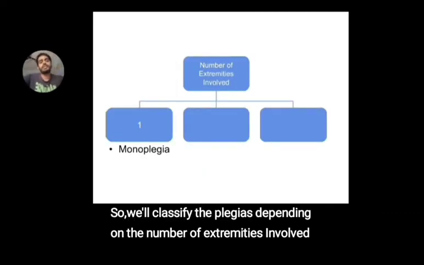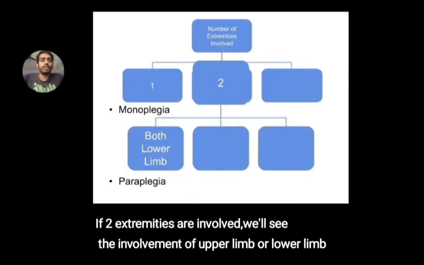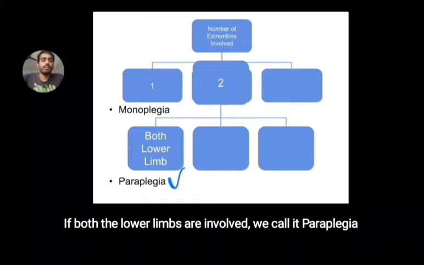So we'll classify plegias depending on the number of extremities involved. If one extremity is involved, it's called monoplegia. And if two extremities are involved, then we'll see what are the limbs involved. If both the lower limbs are involved, it's called paraplegia.